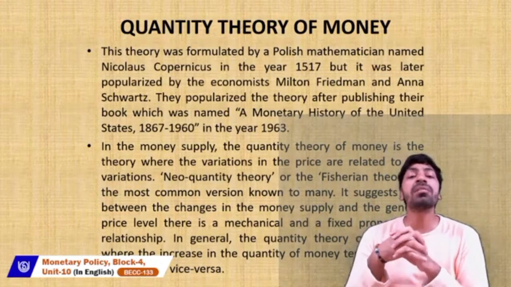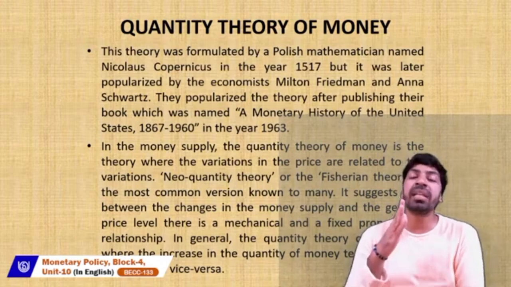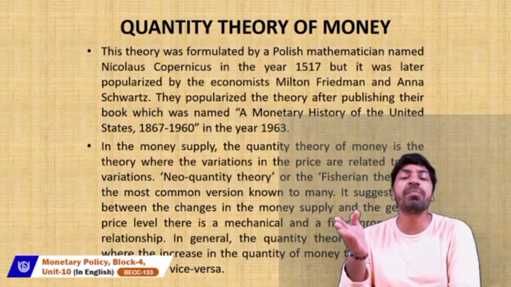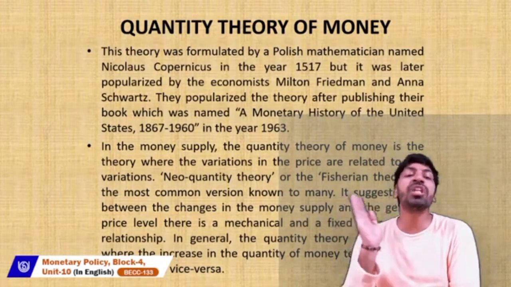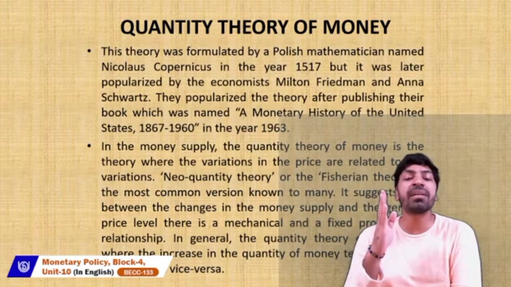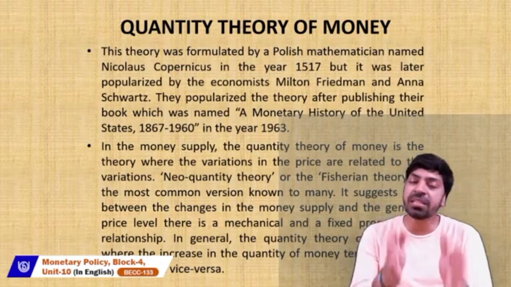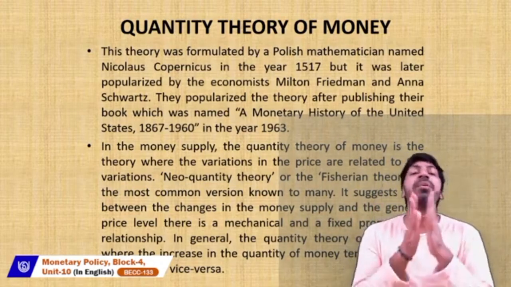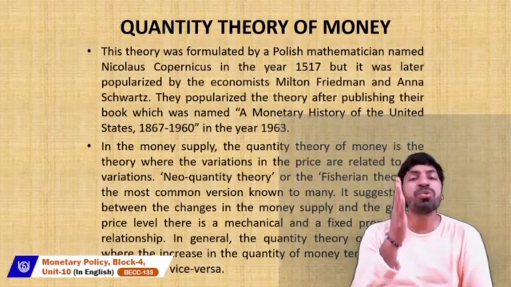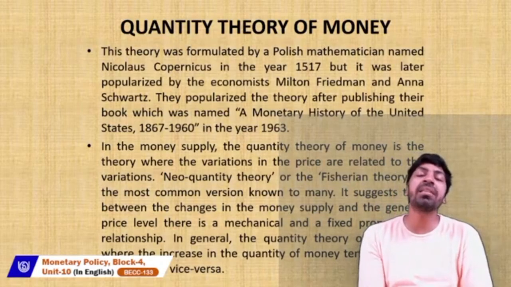This theory also suggests that when there is a change in the money supply, it is due to changes in the price level. That means there is a fixed fractional and proportional relationship between the money supply and the price level.